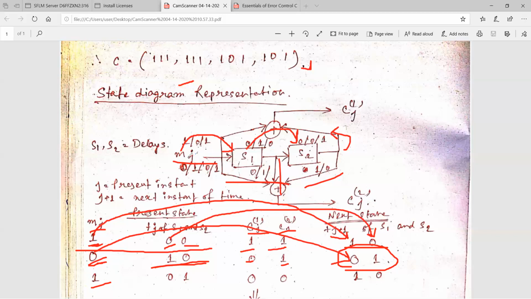That means M is shifted to S1, and what was present in S1, the previous value of S1 was 1, will be shifted to S2. Okay. So this is basically the right shift. So in this way, we are getting the next state of the encoder, which is 0 and 1.